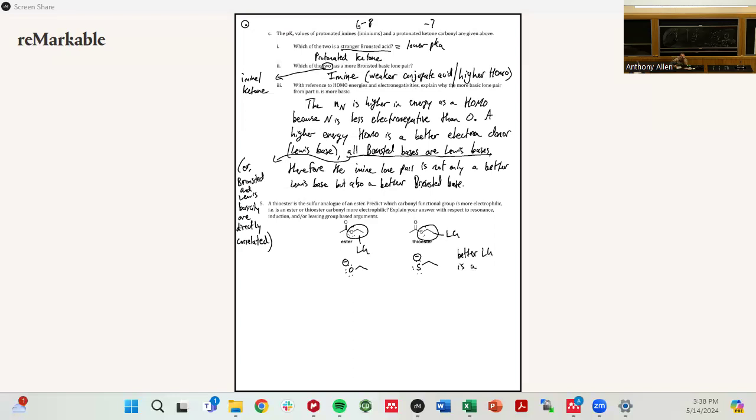Weaker or stronger base? Is a weak base. A weak base is the conjugate base of a what? Weaker or stronger acid? Stronger acid. So this is the leaving group. Here's the conjugate acid of the leaving group.